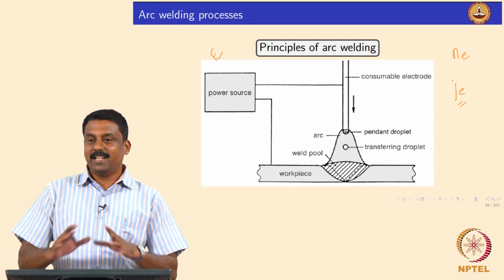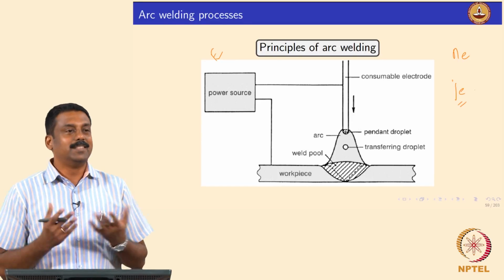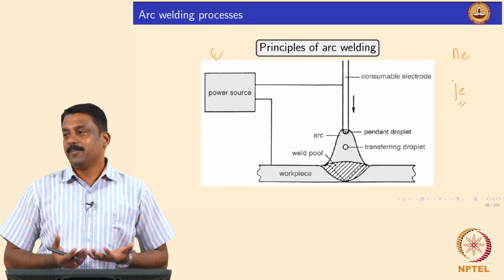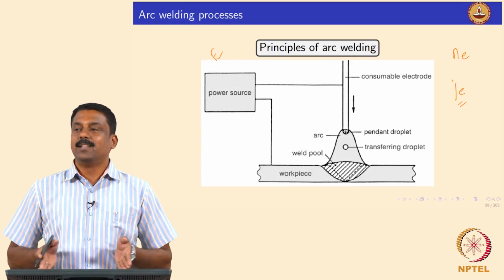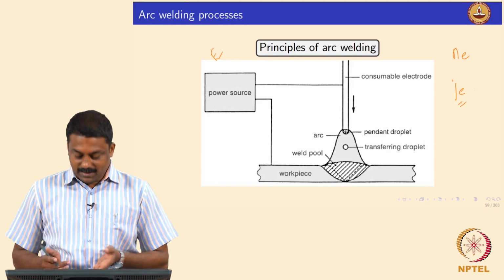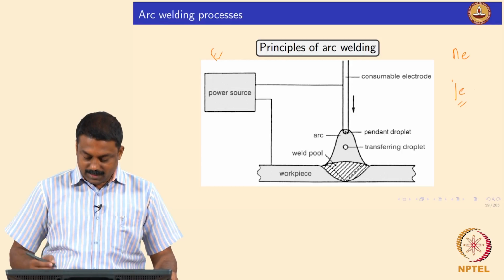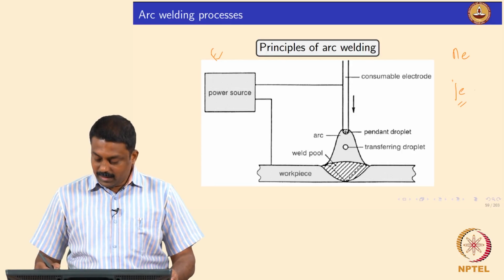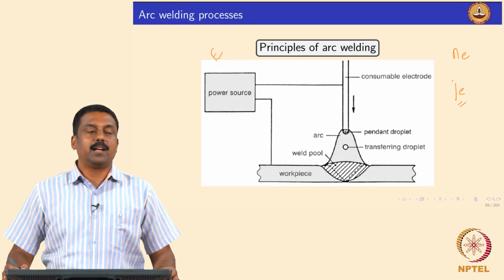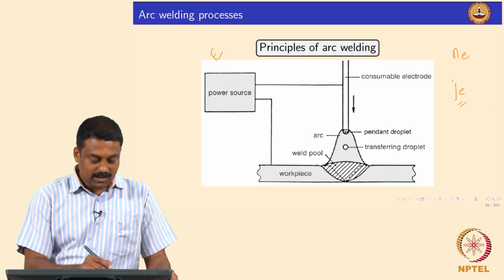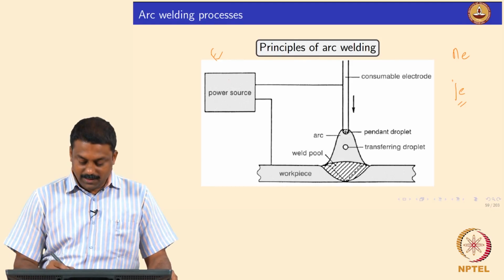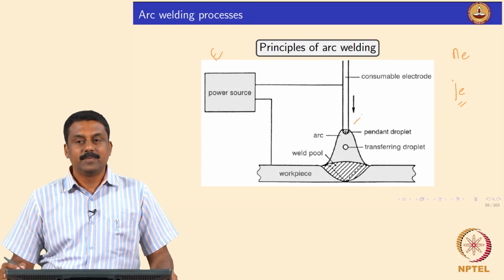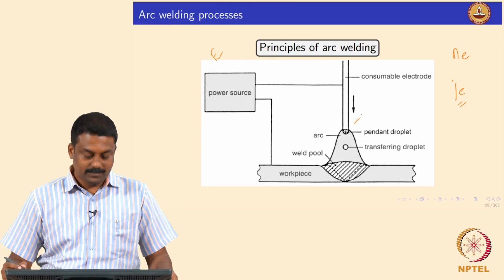Once you understand these concepts, you can create your own process methodologies, because the fundamentals are the same; the only thing is how you change these process variations. For example, here I have plotted a schematic showing a consumable welding process. You have a power source, which should generate E, and then you need a cathode; it can be either this or it can also be minus, depending on your polarity.